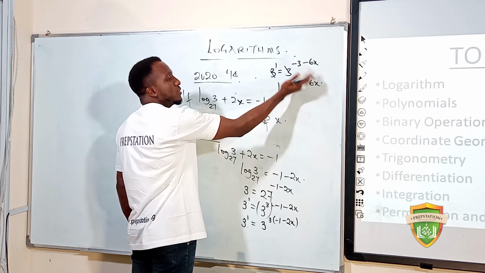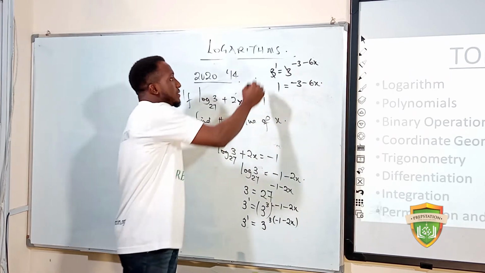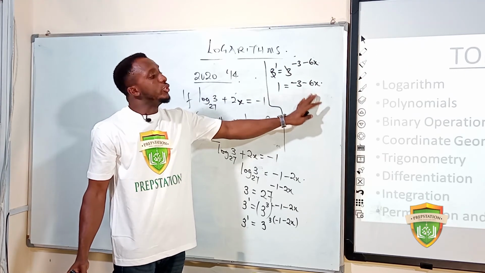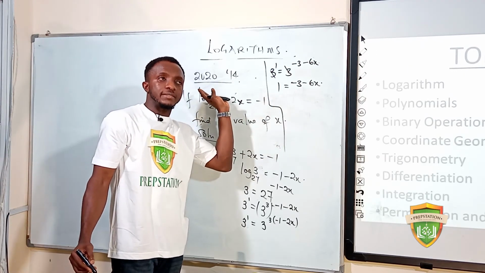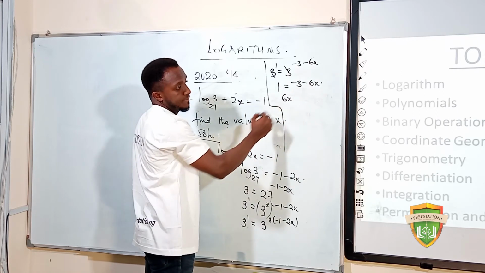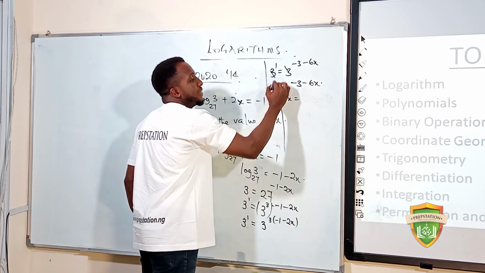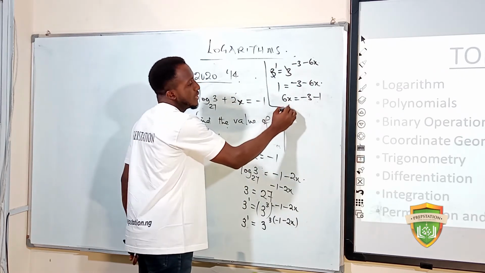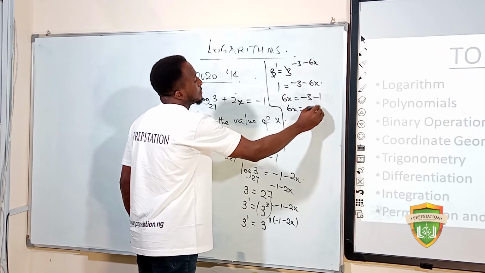If you bring this to the other side, I advise students to always keep the unknown to the left-hand side. So this would come here to be 6x equals, this would go over here to be minus 3 minus 1. 6x equals minus 3 minus 1, which is minus 4.